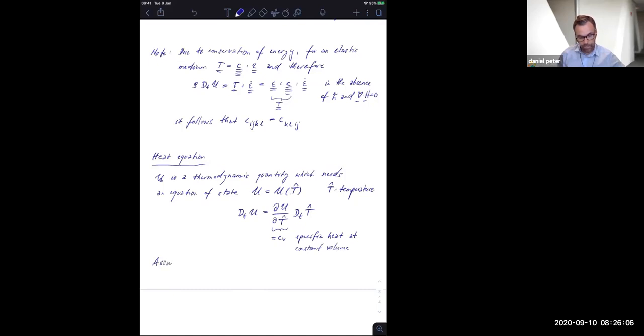So what we assume basically is that heat flux, our H, capital H, the heat flux, is proportional to the temperature gradient. So grad of T hat.